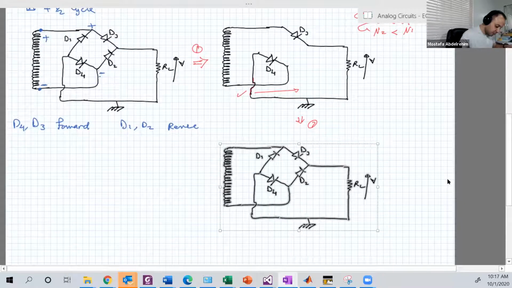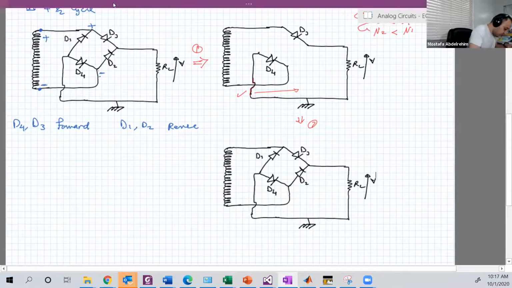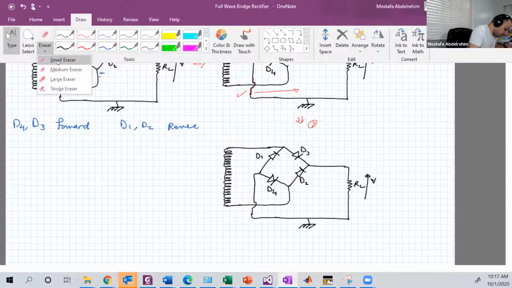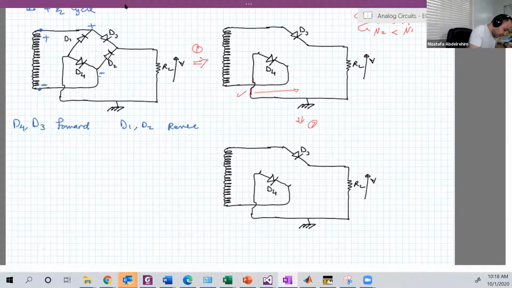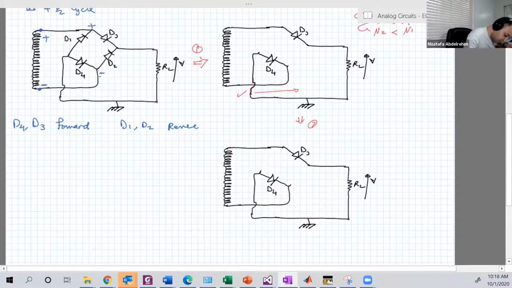Good. Okay, so we remove that guy, and also that guy. And now we will take that wire and draw it here, just flipping its location.